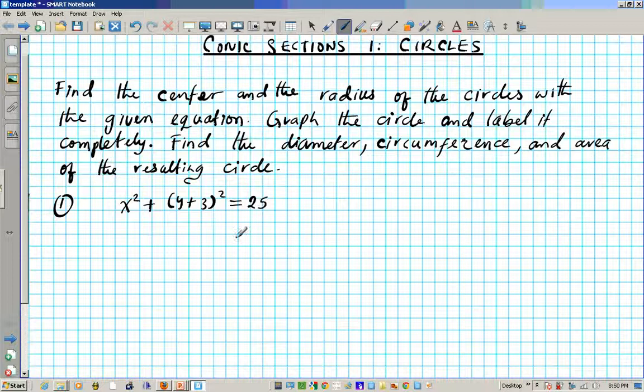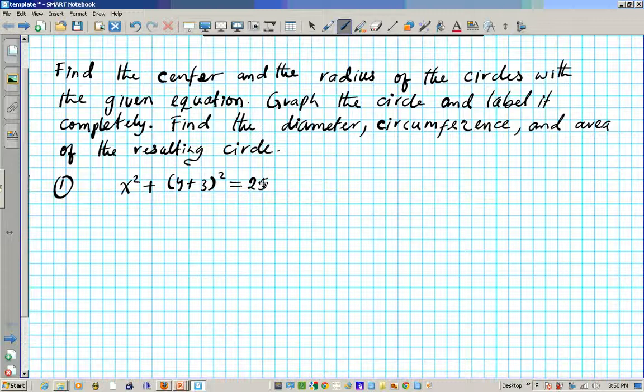First thing we want to do is put this equation in standard form. It's almost there. We know the standard form is (x - h) squared plus (y - k) squared equals r squared.